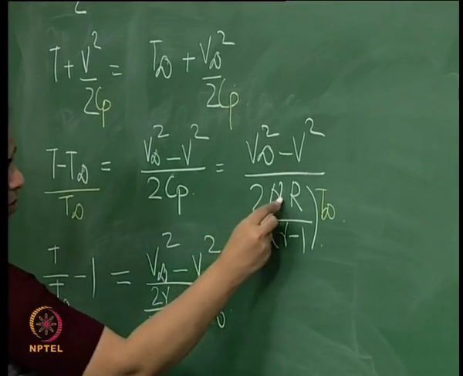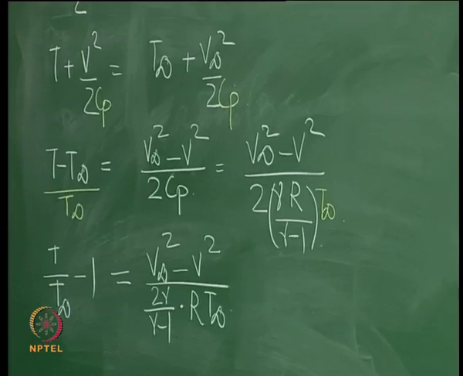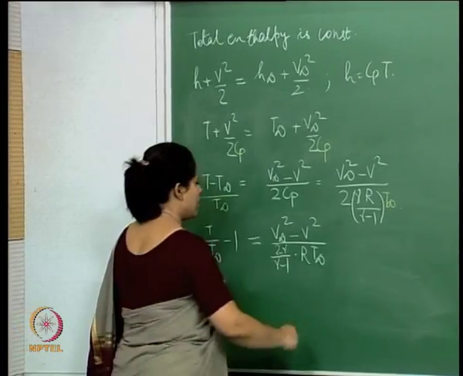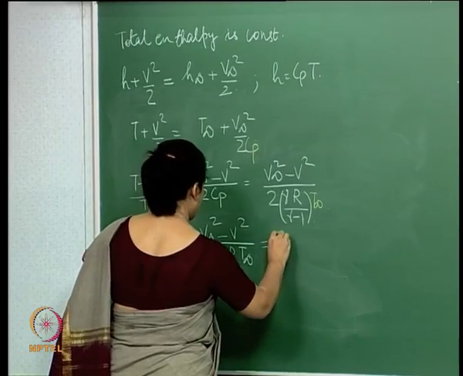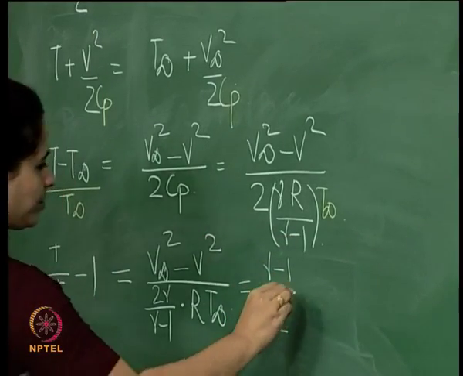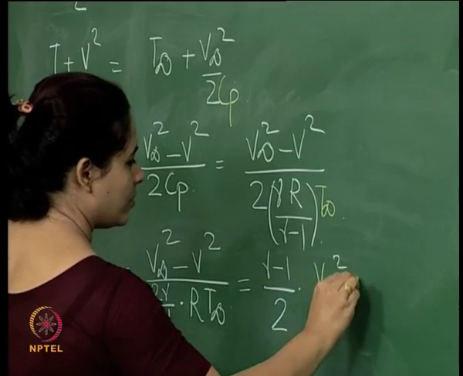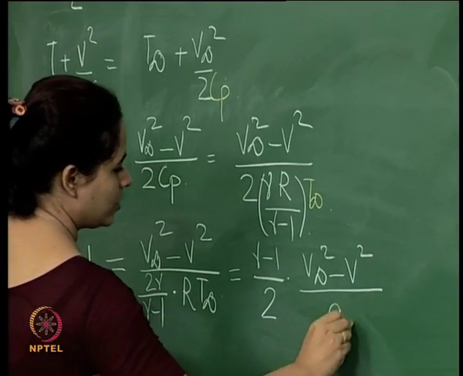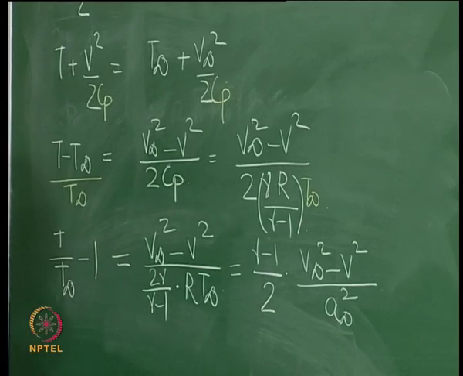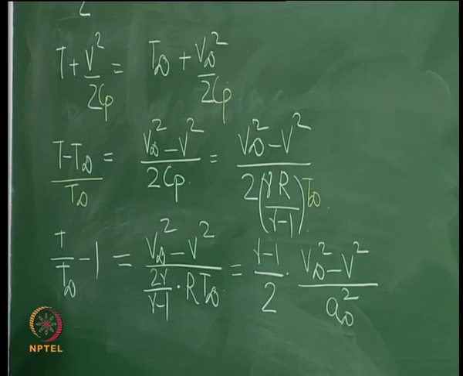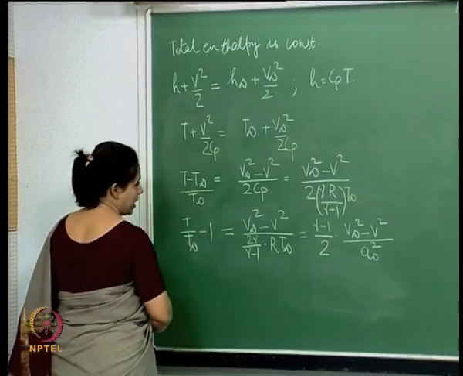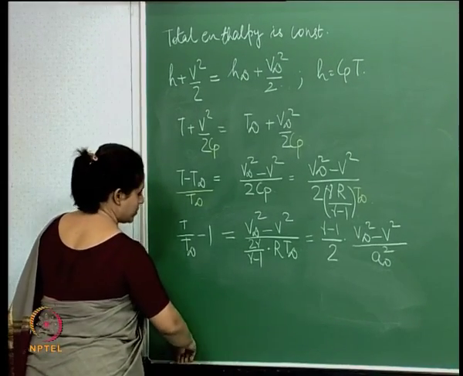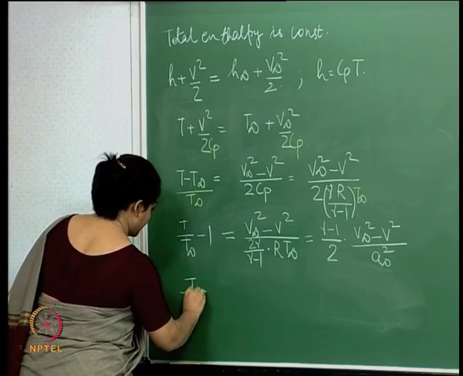So you can see this gamma R T infinity is equal to what? A infinity squared, right? Speed of sound. So therefore we can write this as, this gamma R T infinity is equal to A infinity squared, right? A infinity squared. So now if you look at this term here, let us clear out this, okay. So what we are looking at is this.